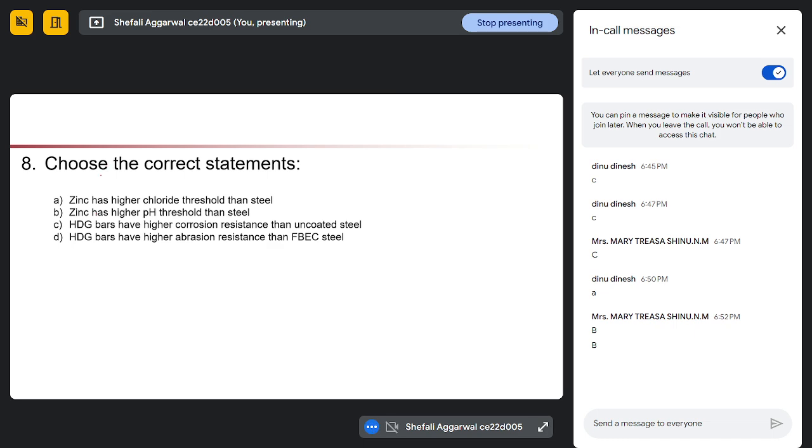So, eighth question is to choose the correct statement or statements. Zinc has a higher chloride threshold than steel. Zinc has a higher pH threshold than steel. HDG rebars have higher corrosion resistance than uncoated steel. HDG rebars have a higher abrasion resistance than FBEC steel.